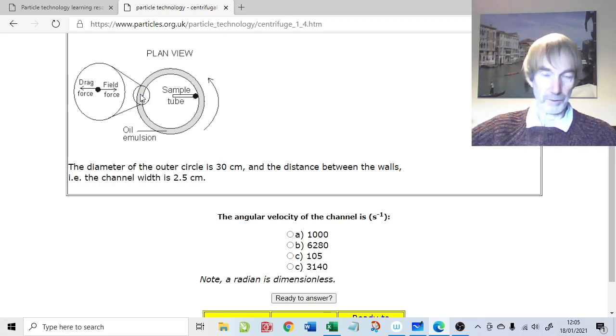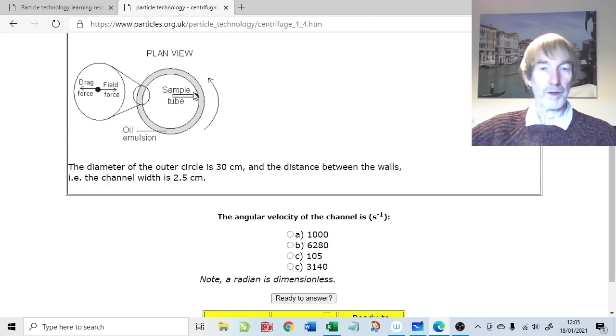It's analogous to Stokes. Okay, so that oil drop is moving inwards for the same reason that I tried to explain at the start of this video. So eventually that droplet will hit the inner surface and be removed in the sample tube.